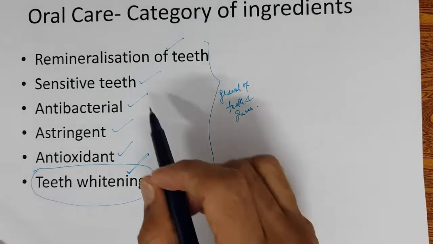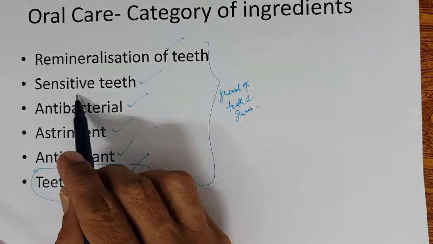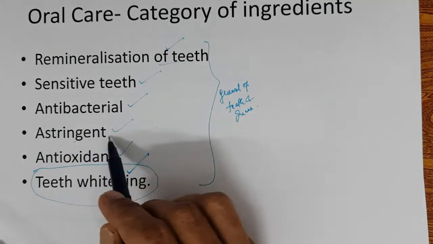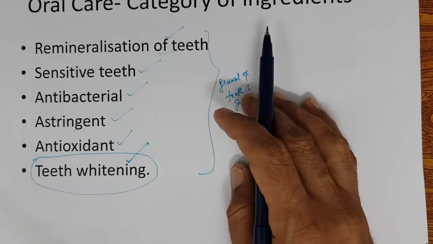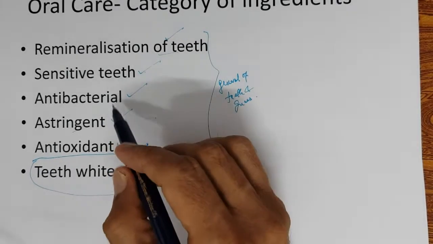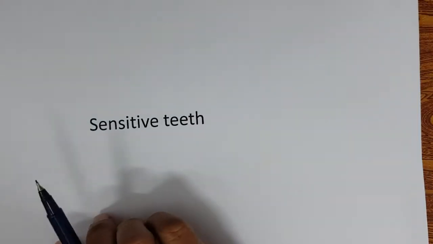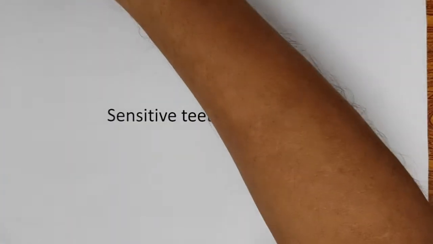And of course, remineralization, addressing sensitive teeth, antibacterial, astringent, antioxidant, and teeth whitening. Bleeding gums are addressed by astringents. Now, sensitive teeth.